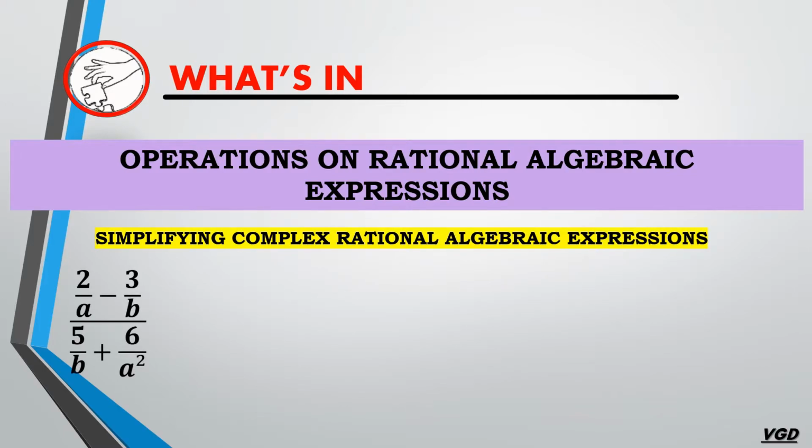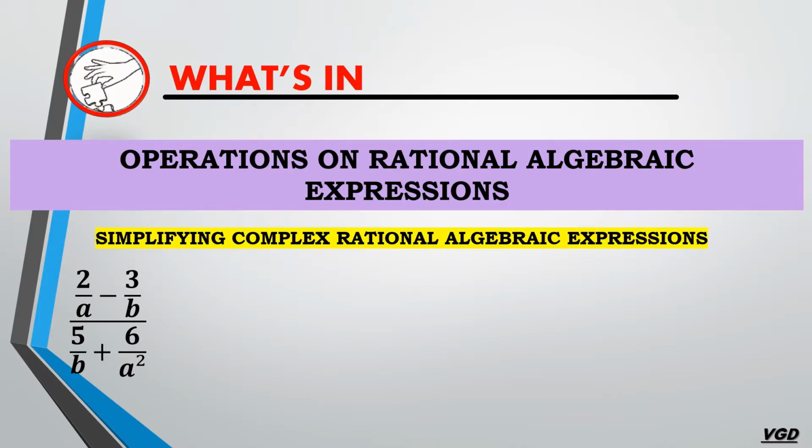We have here 2 over a minus 3 over b all over 5 over b plus 6 over a squared. So in this complex rational algebraic expression, 2 over a minus 3 over b is our numerator, and 5 over b plus 6 over a squared is our denominator.